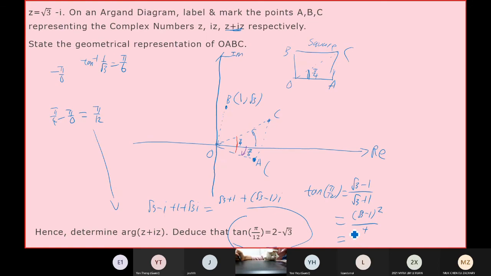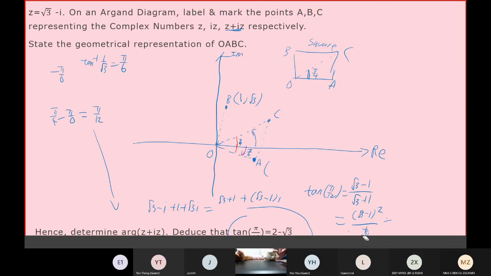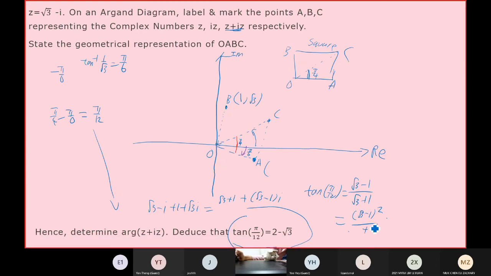Okay, then I think I'm right. Wait, hold on. I get 4 minus 2 root 3. Wait, it's a bug. Something's not right. Why the last part? Root 3 plus 1.